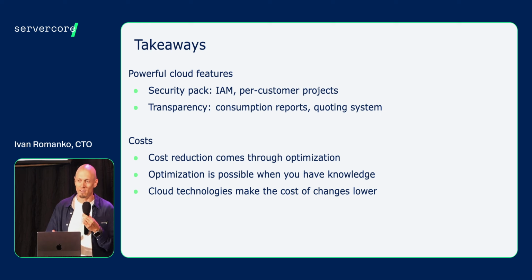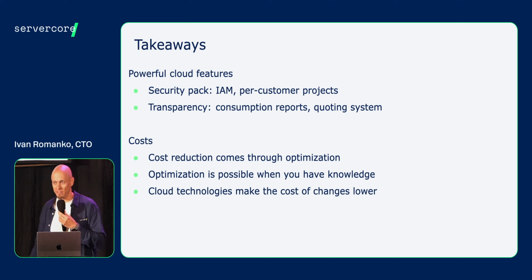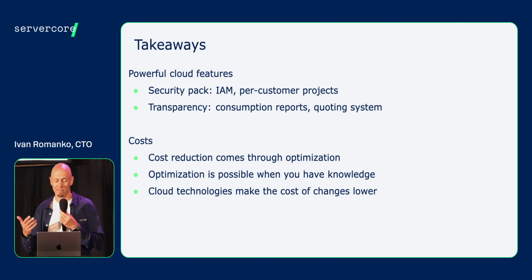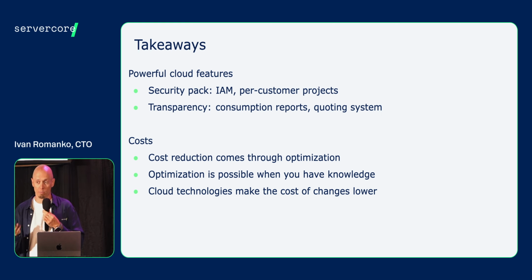So the cloud flexibility allows you to postpone those thoughts for later. When you, for some reason, have to save on cloud, you can do that through the knowledge you get from graphs, from utilization. And what's more important, you are able to make changes.